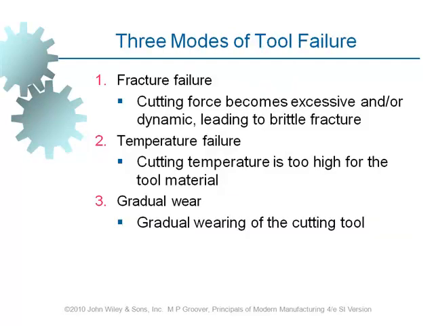in order to achieve proper outcome. And there are three modes of failure of the cutting tool. What I'm going to ask you now is, which one of these three, which are listed here, fracture failure, temperature failure, and also gradual failure, which one is the one we are after? Which one? Gradual. Not the other two. I would say none.